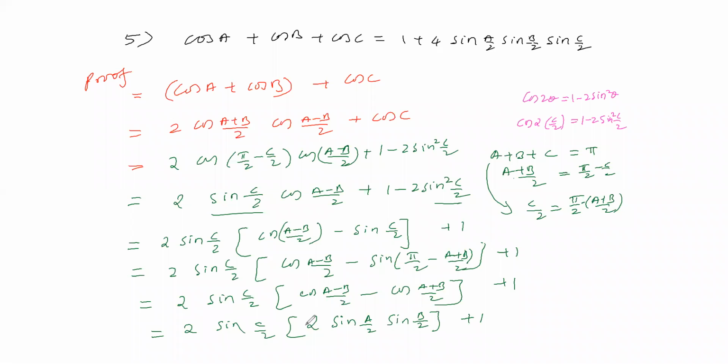Now see here, 2 into 2 is 4. So we are getting 4 sin A by 2 into sin B by 2 into sin C by 2. So the right hand side we got.